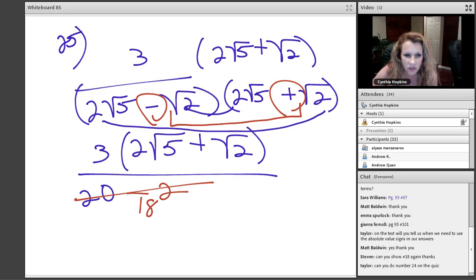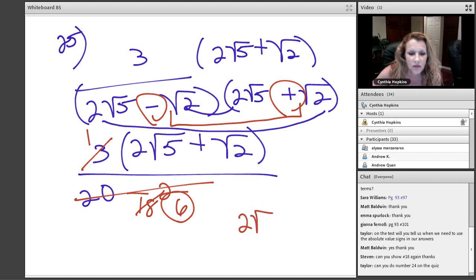You would have lost your 3 if you distributed it into the other two terms, so it's great that I left it factored like this. 3 goes into there once, and 3 goes into there 6 times. So here is my final answer: 2 square root of 5 plus the square root of 2 all over 6.